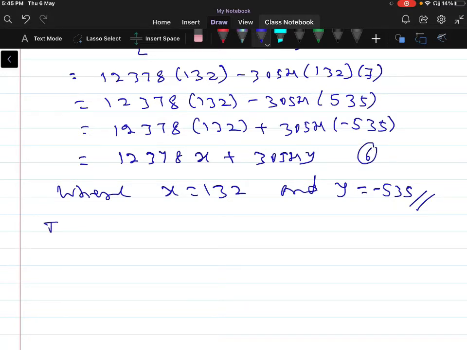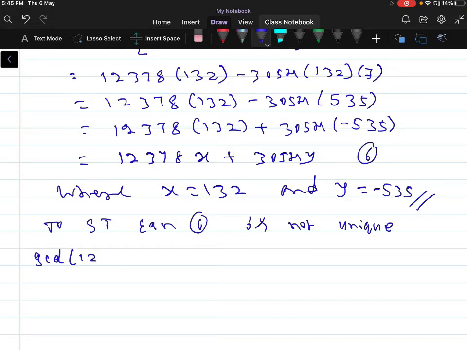Now to show that equation 6 is not a unique representation, GCD of 12378, 3054 is equal to 6.